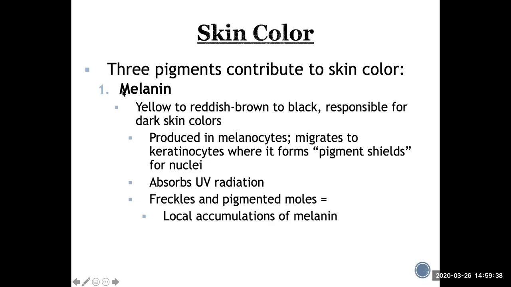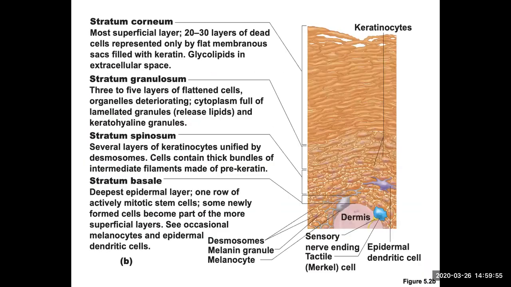The first one, of course, is melanin. So remember, I know we just stopped talking about the dermis, but the melanocytes, right? Those were associated with the stratum basale of the epidermis, remember? So in this picture over here, we were looking at the epidermis and all this epithelial tissue.